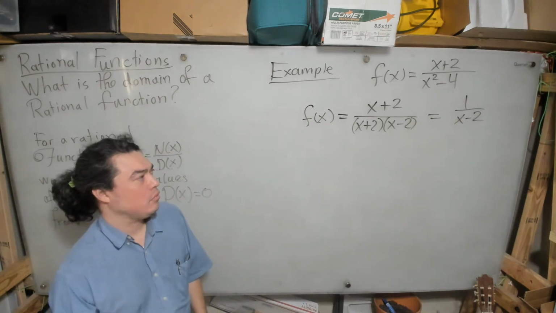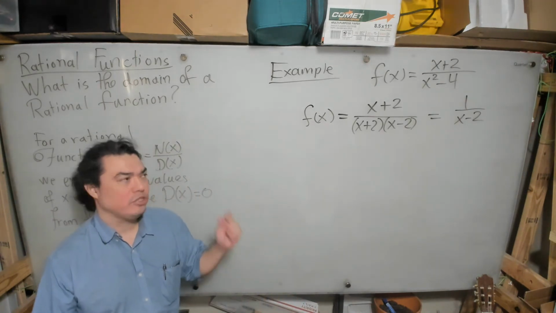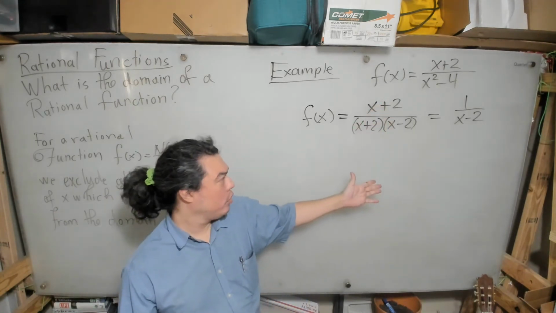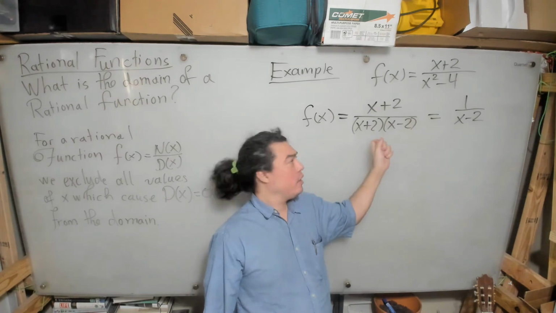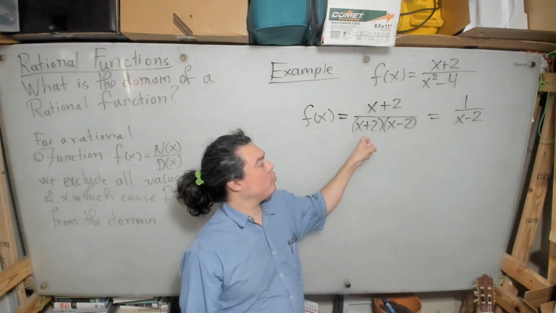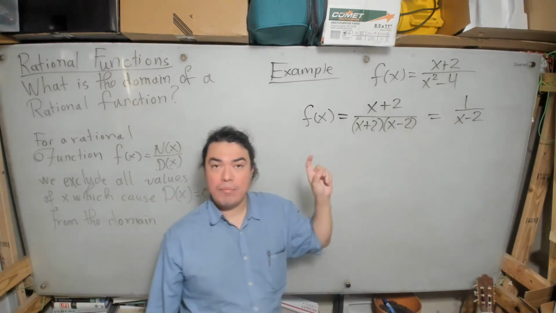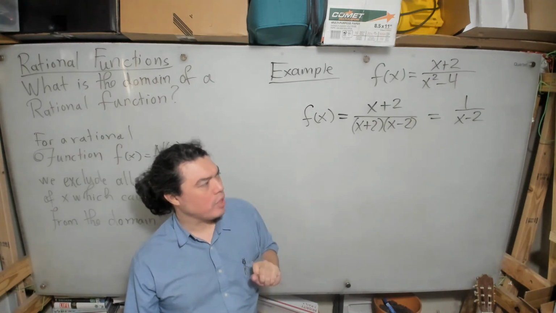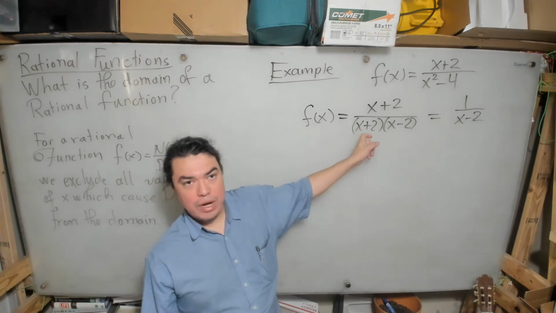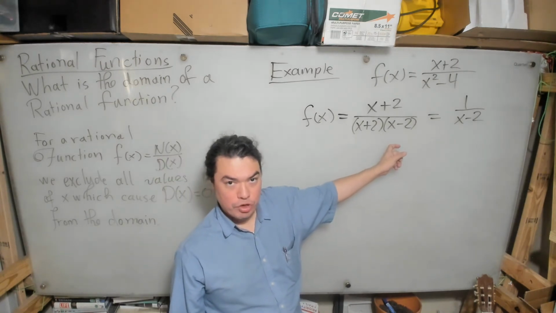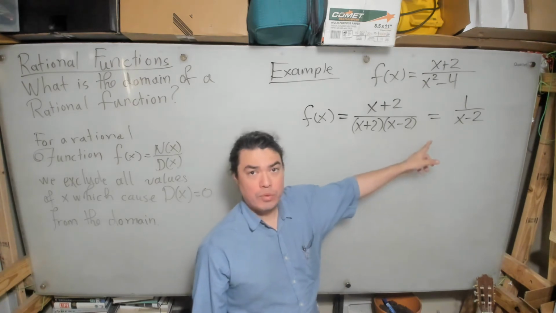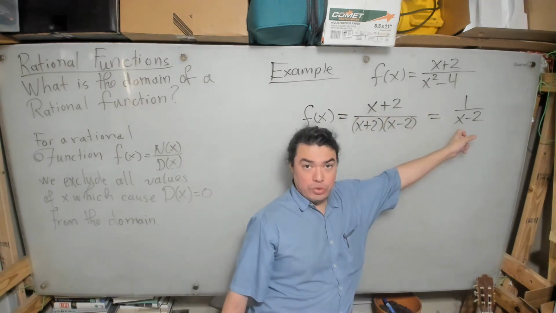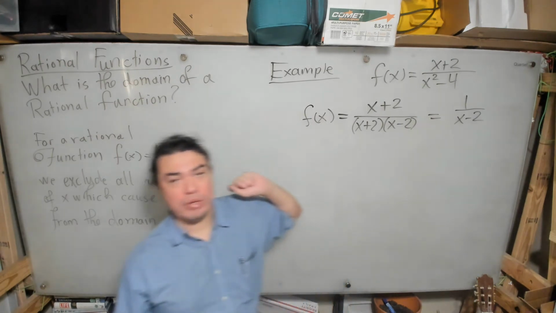Notice that question. To restate it using this particular example, are we going to eliminate the x equals -2 and the x equals 2 that make both of the factors of the denominator 0? Are we going to eliminate -2 and +2 from the domain, which we would need if we looked at the original form? Or are we only going to eliminate the 2, which makes the simplified form 0 in the bottom?